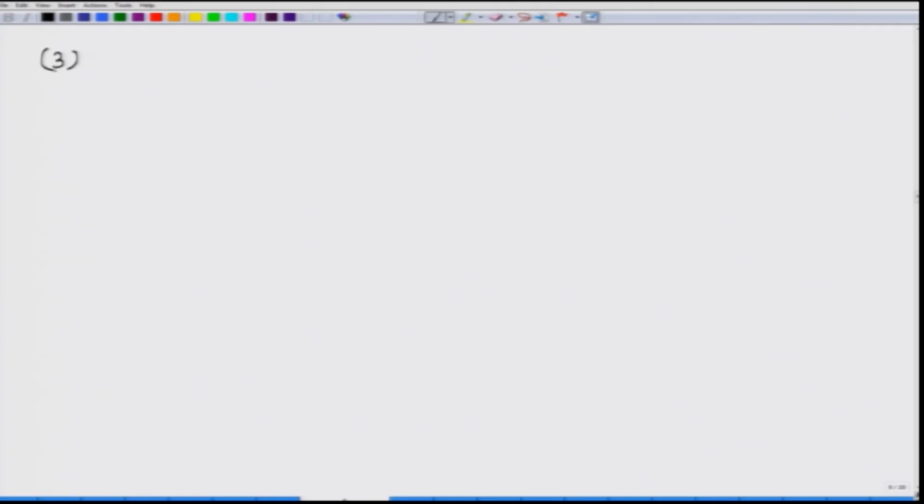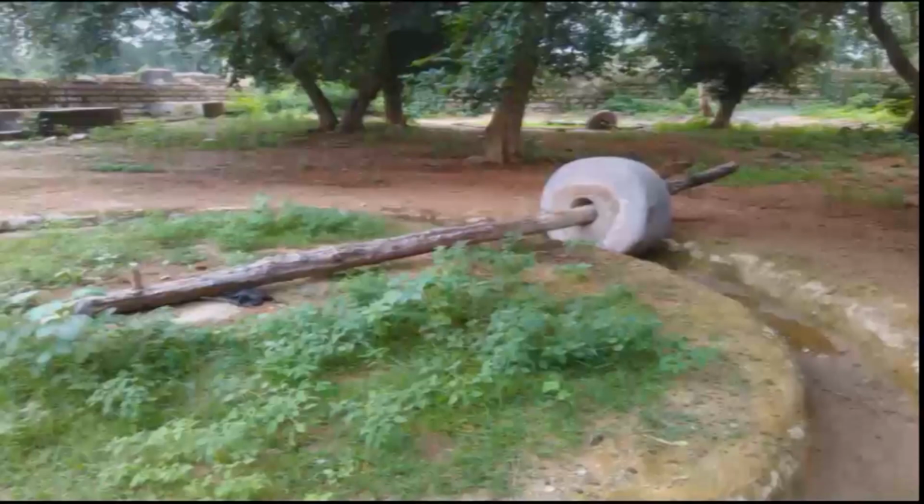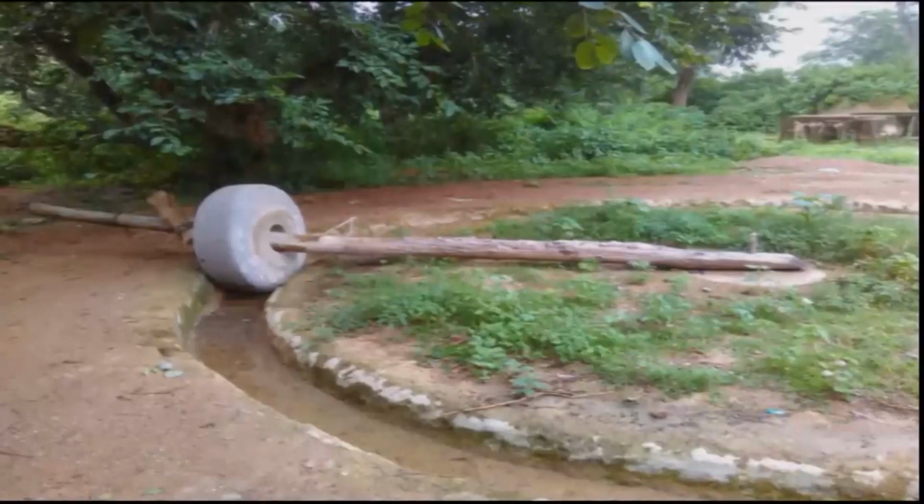For the third problem, I first want to show you a picture. This is the picture of a mill taken at a place called Orchha in Madhya Pradesh, and what it does is it is used to mix and press the materials to make that mixture which is used to repair the palace out there. The mixture consists of mud and some dal and cement and things like those.